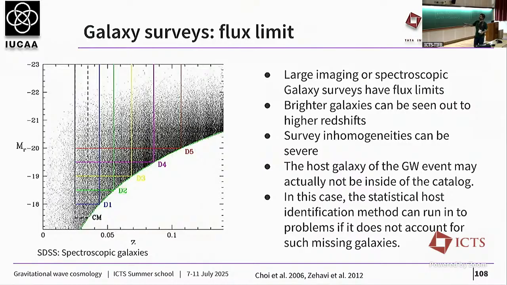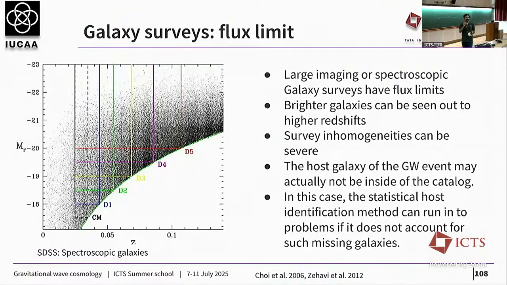And what is happening is, this statistical host identification method says that either one of these galaxies is your host or one of these galaxies is your host. It does not account for the fact that galaxies here and here can actually be correlated.